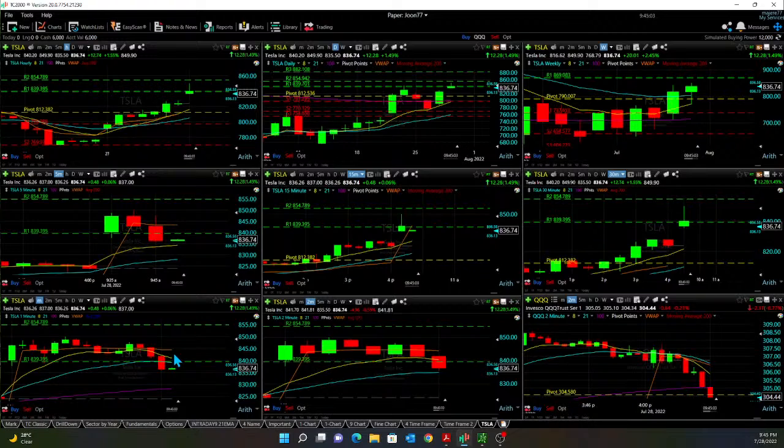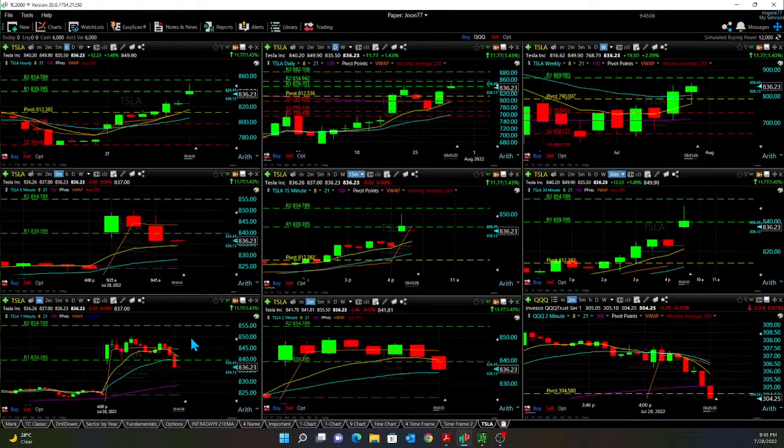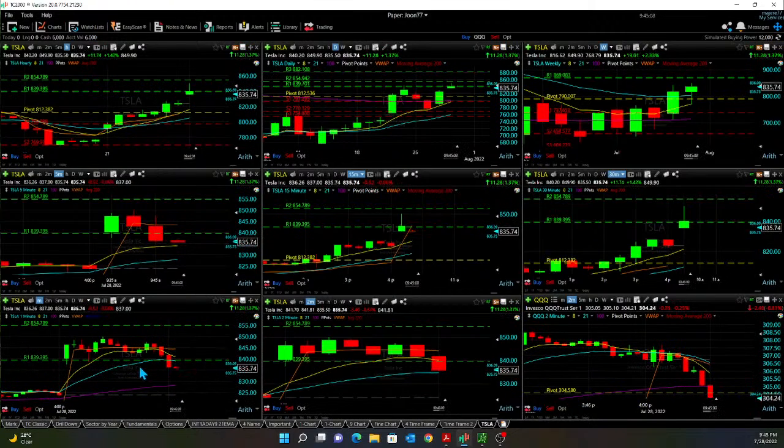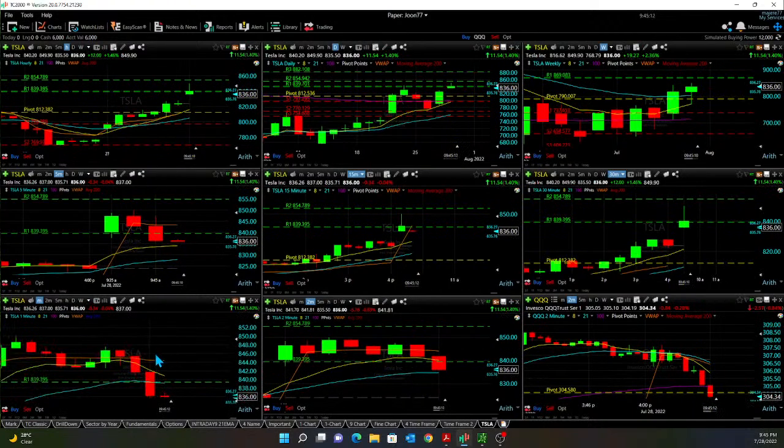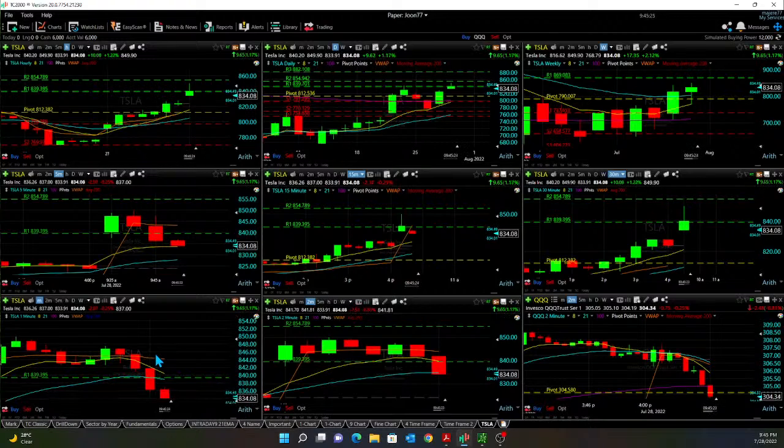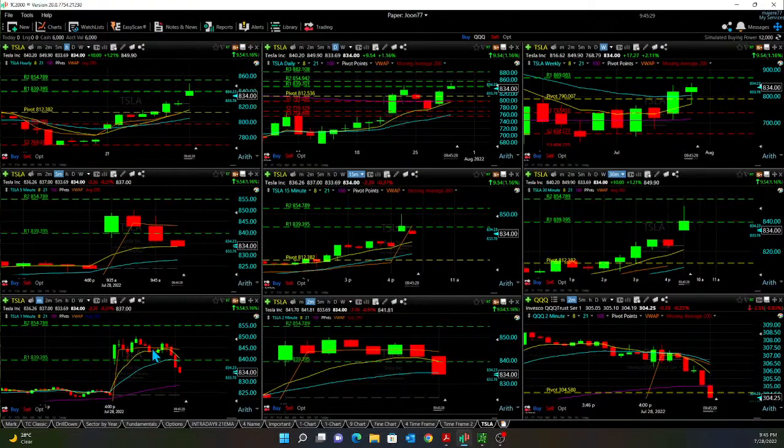So by the way, generally the Mark 1, we want it to be above probably all these lines, and especially the VWAP. VWAP is like decisive victory right there. We always have to keep an eye on the VWAP. Now the average 200 usually we only care about it for the 2 minute bar.